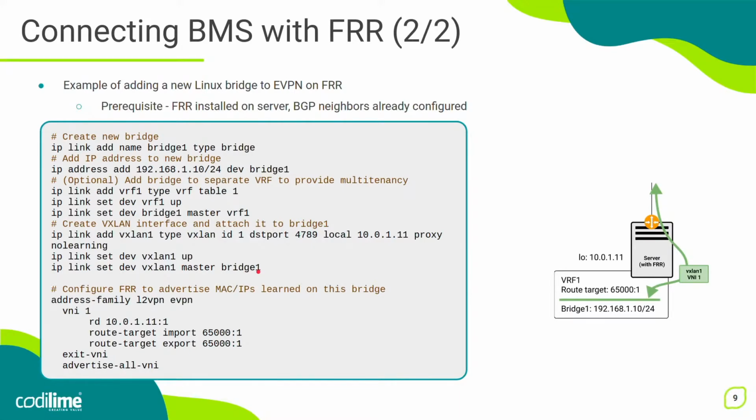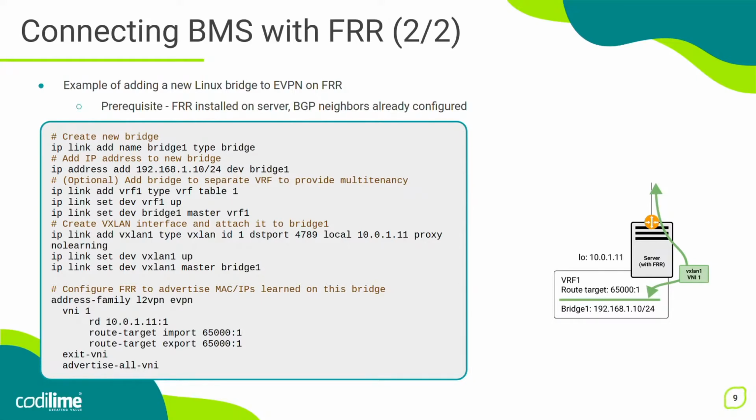So this is it when it comes to the configuration of interfaces in Linux. The last thing that we need to do is to enable advertisements using EVPN. Here we assume that we are starting from the place where we left off at the last webinar.